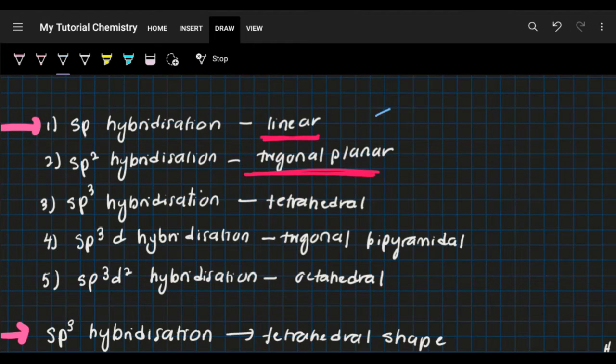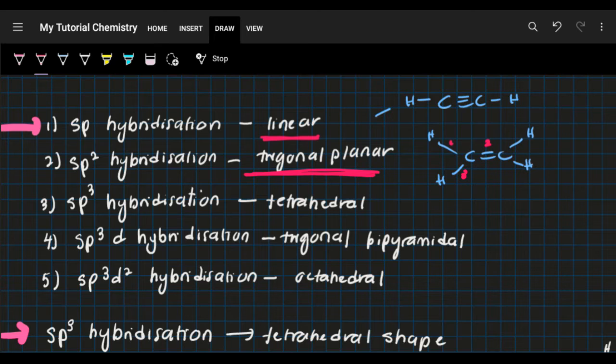Example, C2H2, which has a linear shape. Then sp2 hybridization, when the central atom has a trigonal planar shape. This one is trigonal planar. Why trigonal planar? Because 1, 2, 3, it has 3 electron domains.